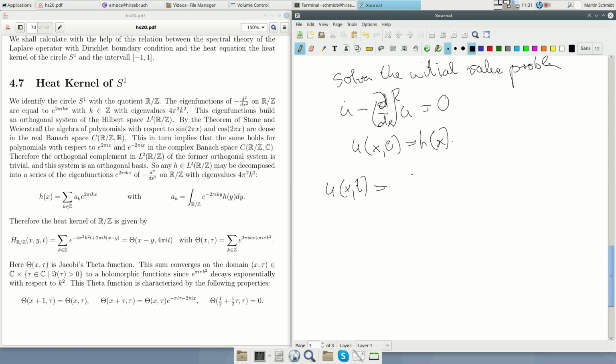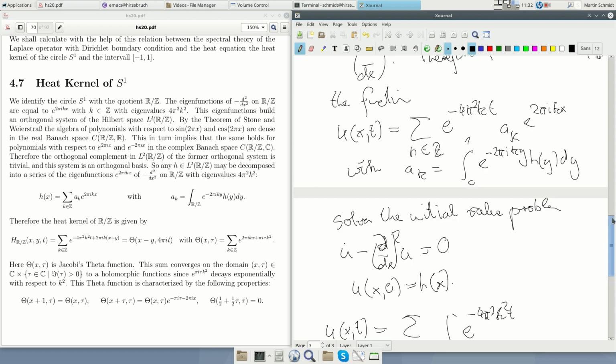We have this sum over k in Z, and we have the integral, or maybe we write more generally, the integral over R mod Z, and then we have the exponential of minus 4π² k² t.